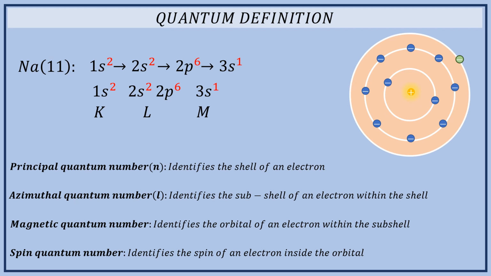Okay, so with the help of these four quantum numbers, we can actually locate the electron within the shell of an atom. Let us understand this with the same example of sodium atom, and let us see how these four quantum numbers help us to identify or specifically locate the electrons.